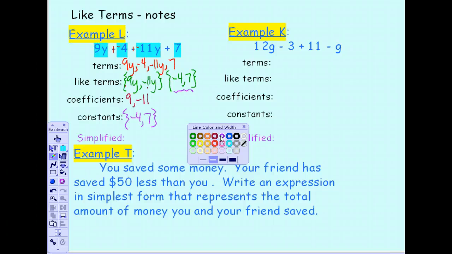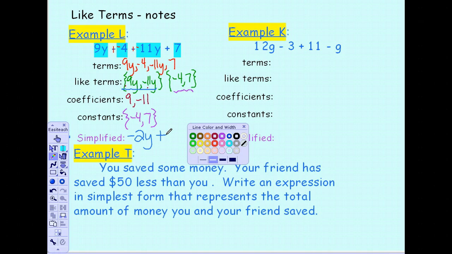Our last step here is to simplify. To simplify, we put together those like terms. So our like terms, if we look at our groups, we had negative 11y and 9y. We add those coefficients to get negative 2y. Always separate your terms with a plus sign.